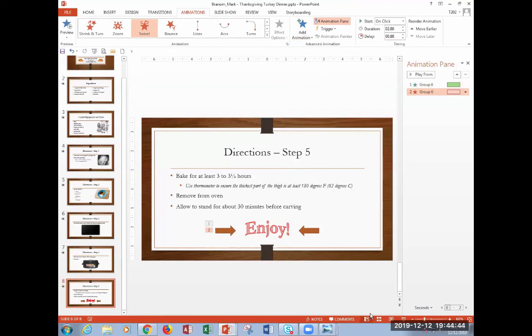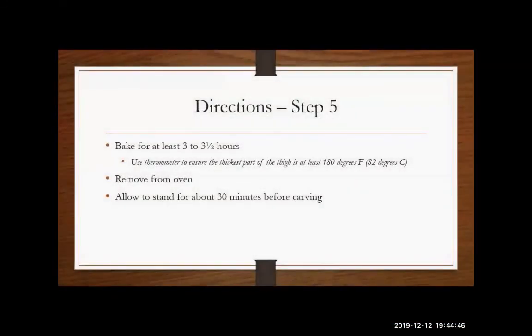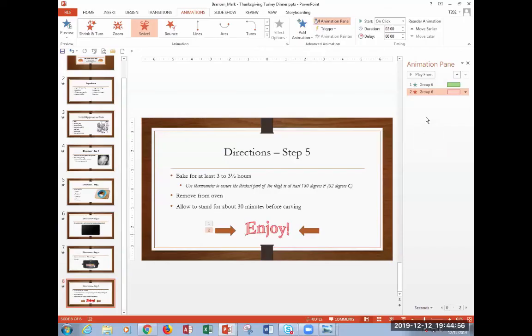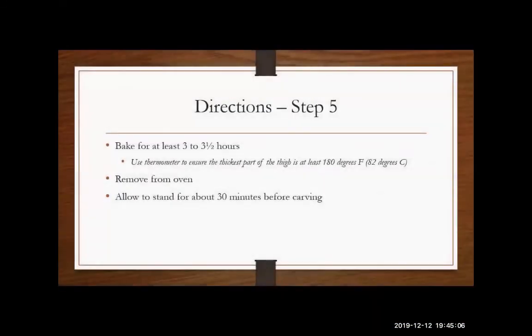This is really silly. Don't really do this in real life, but this would go in and then it's going to, oh, swivel. The reason it was waiting is because it said start on click. So actually I want to say start after previous. So now that I told it to start after previous, it'll go in and then it'll swivel.